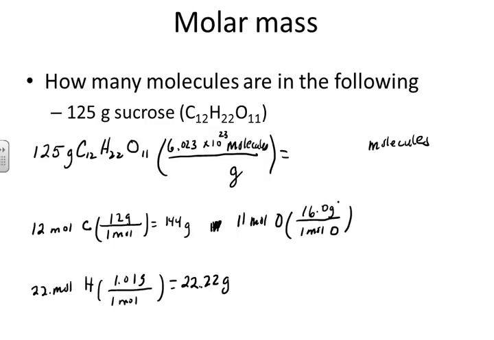So 11 times 16, 176. So we get a total of 144 plus 22.22 plus 176. That adds up to a total of 342.22 grams.